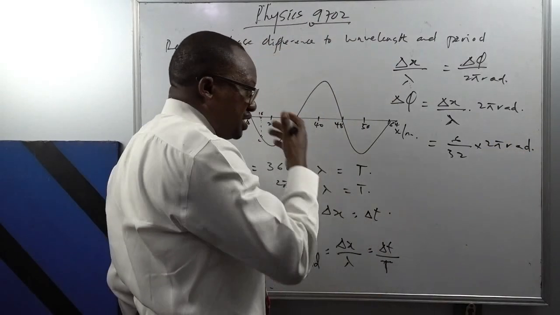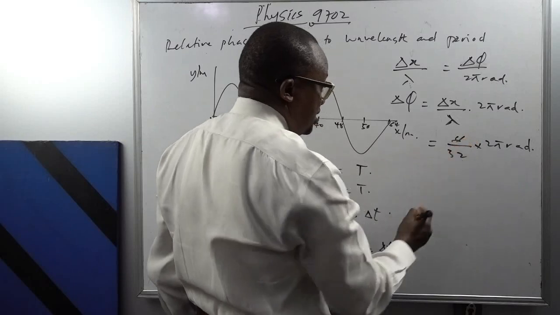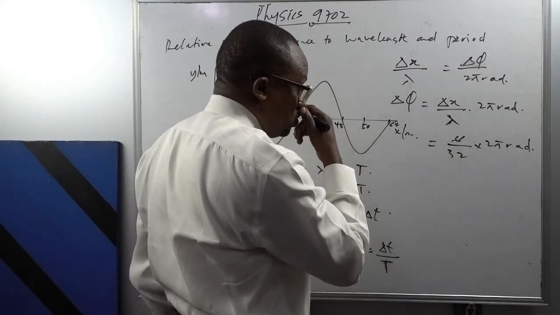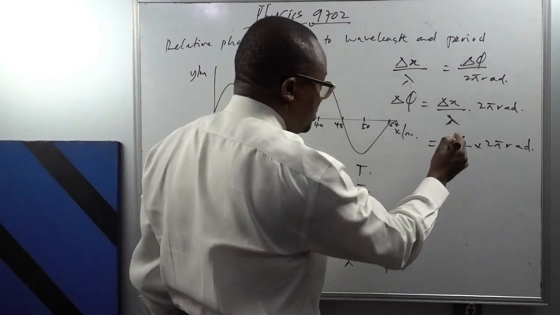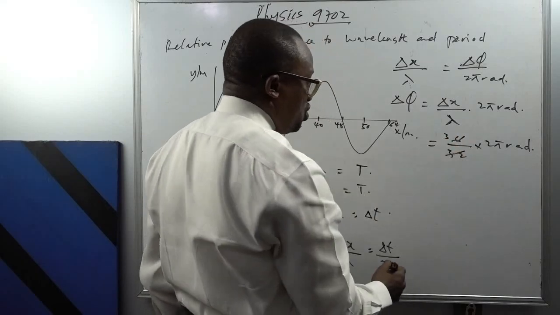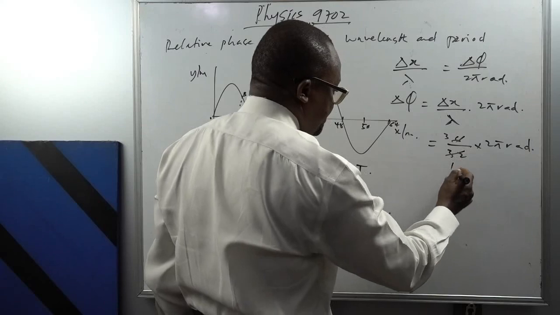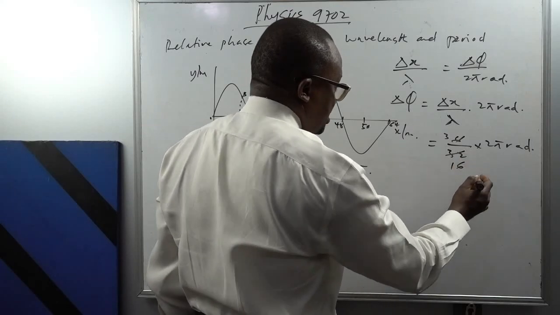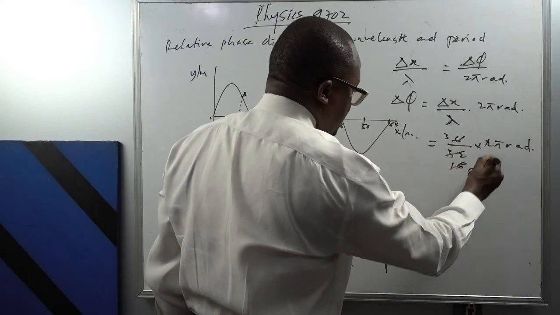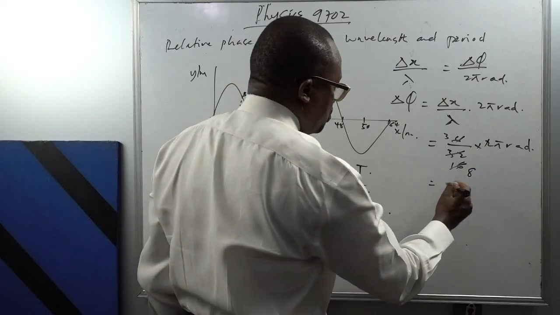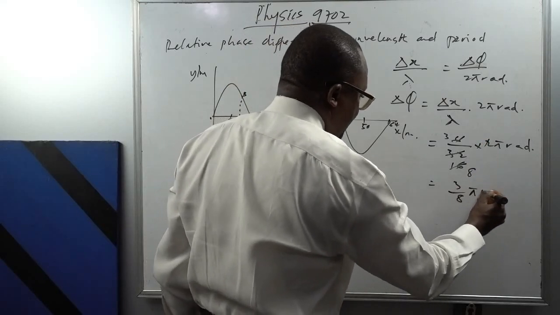So if I do this, if you divide by 2, 2 in 6 will give you 3. 2 here will give you what? That is 16. Another 2 will give you what? 8 here. So this becomes 3 over 8 pi radians.